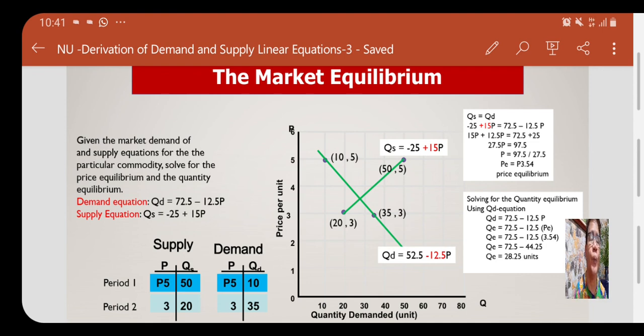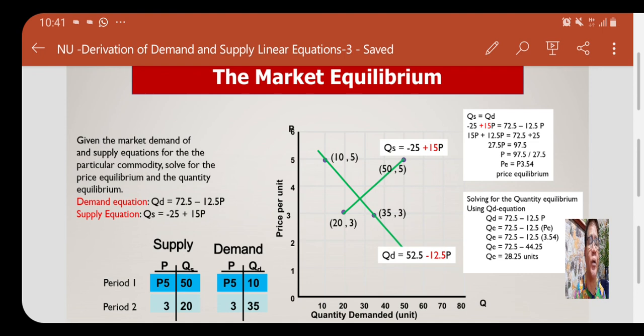And therefore, by solving the quotient, we can now have the value of P equal to 3.54, which serves as the price equilibrium.